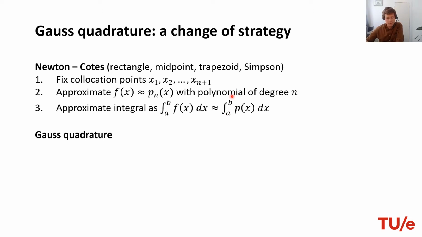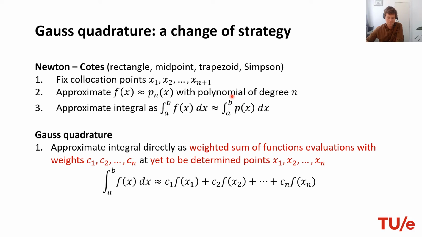Now in Gauss quadrature, we take a different approach. What we actually do is directly approximate the integral as a weighted sum of function evaluations, with weights C1 to Cn. But most importantly, for these Newton-Cotes methods, in the end, you also end up with a weighted sum of function evaluations.